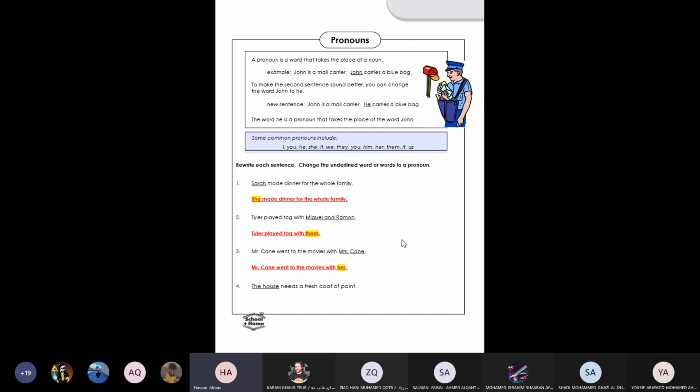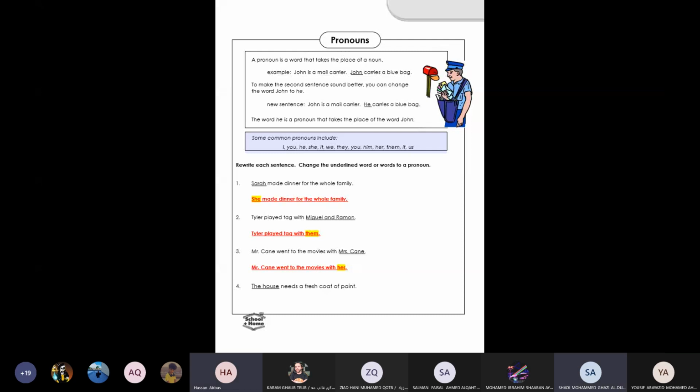Shadi Muhammad, sentence 4. Yes, mister. Yes, Shadi, sentence 4. The house needs a fresh coat of paint. It needs. The house is a non-living thing, so it will change from the house to it.